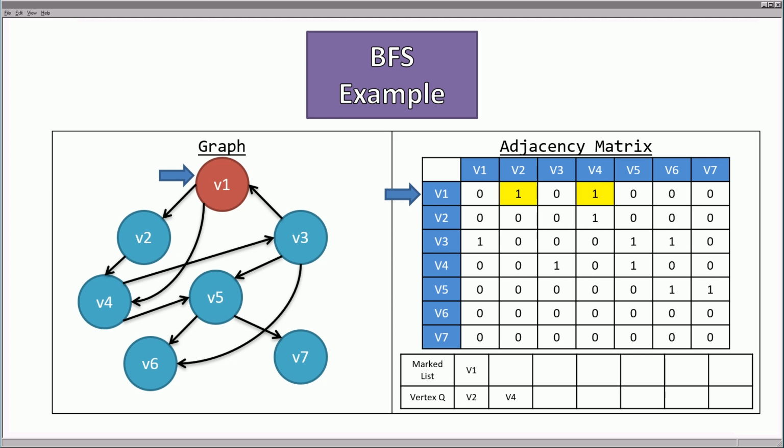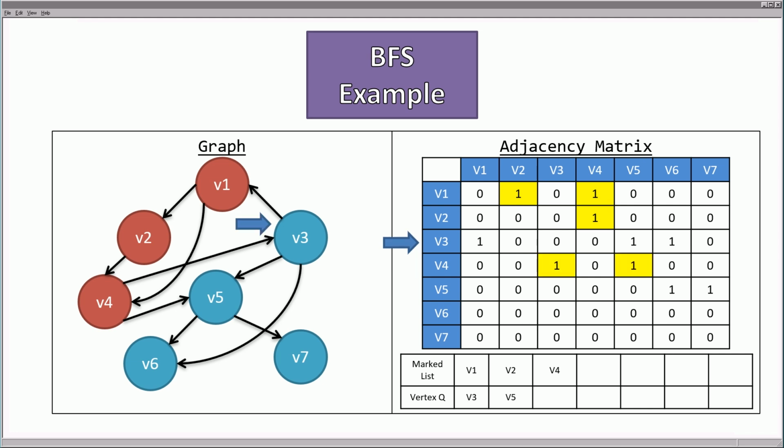So now that we've added this to the queue, we can traverse to vertex V2, dequeue it, add that to our marked list, and then add from V2 its neighbors, which is already V4. V4 is already in the vertex queue, so we don't re-add it. Now what we're going to do is dequeue vertex V4, add that to our marked list, and then add all of the outgoing edges from vertex V4, which happens to be vertex 3 and 5.